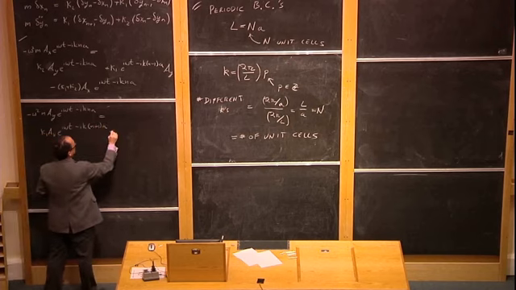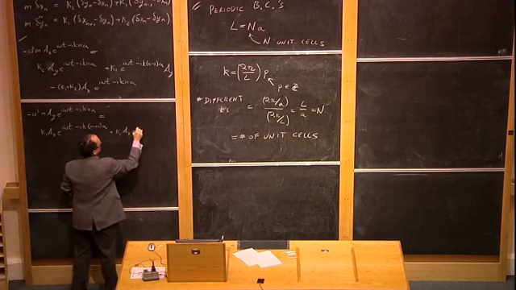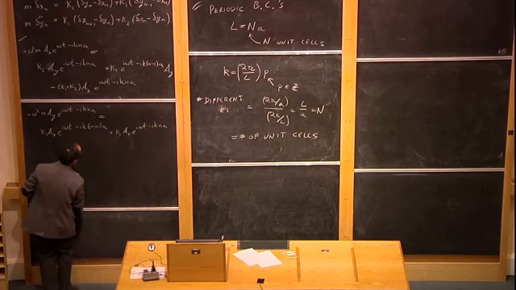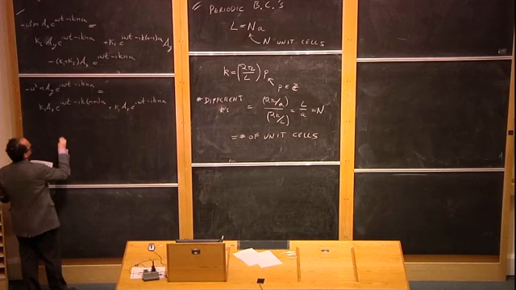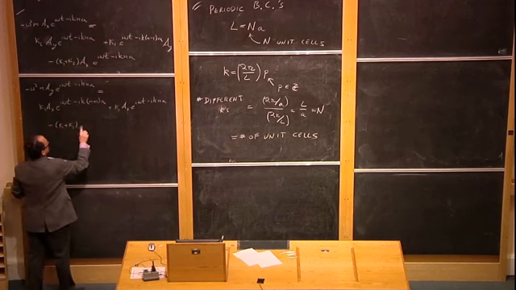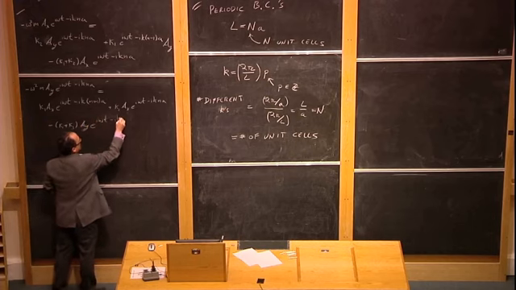And then we have plus kappa 2 ax e to the I omega t minus I k n a, and then the two y terms, minus kappa 1 plus kappa 2, ay e to the I omega t minus I k n a.